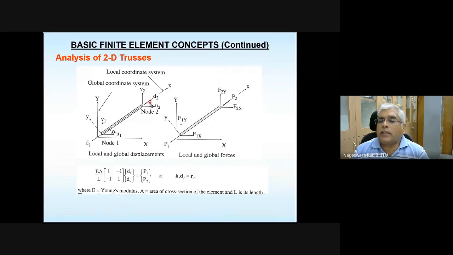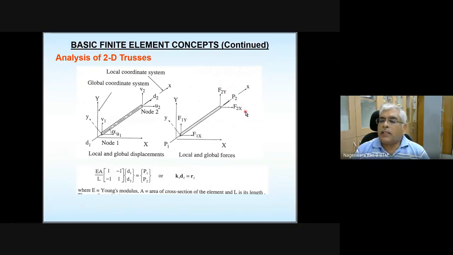D2 is going to get resolved into U2, V2. Similarly, P1 is going to get resolved into F1x, F1y, that is F1 capital X, F1 capital Y. You have to be very clear on that. P2 is going to get resolved into F2x, F2y. When you see it in a different axis, it gets resolved like that.